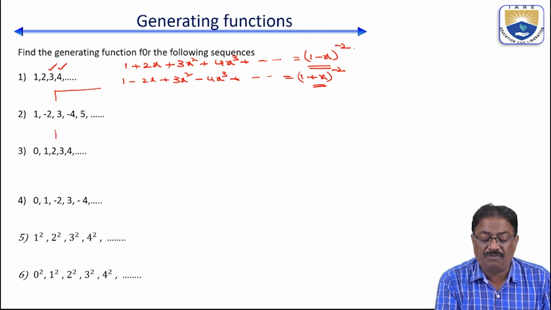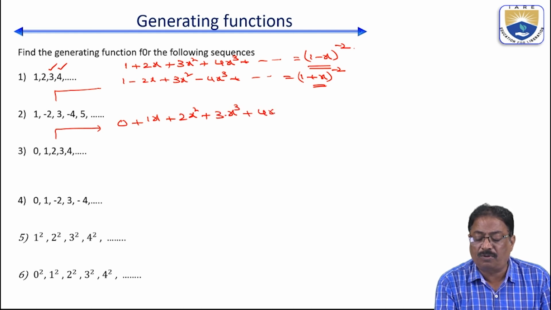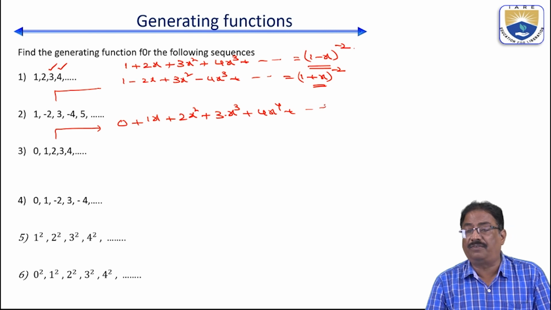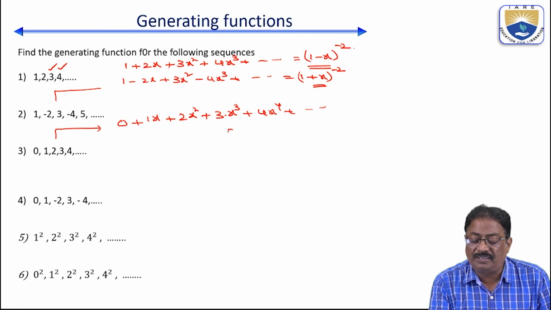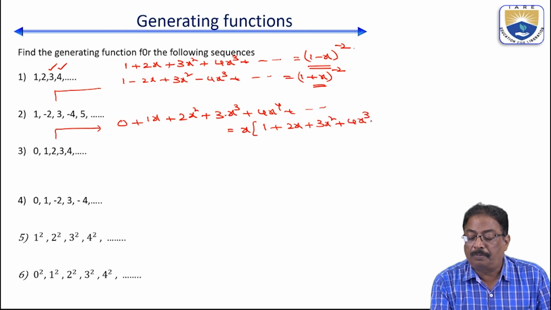Now if I consider this, it is 0 plus 1 into x plus 2 into x square plus 3 into x cube plus 4 into x power 4 plus and so on. Now I calculate the generating function for this. Take x as common: 1 plus 2x plus 3x square plus 4x cube plus and so on.